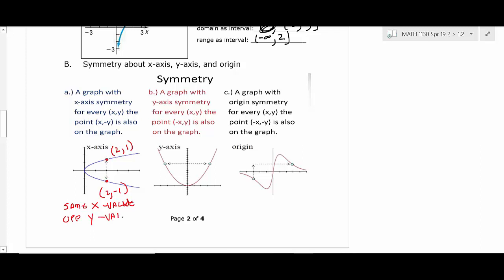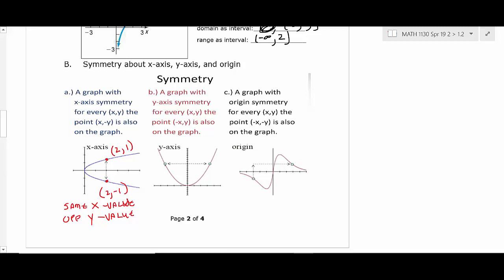That's what it means to be symmetric about the x-axis: every point on this graph, if it has the same x, will have opposite y's. One of them above the x-axis, one below. Does that make sense? So that's the definition: for every (x, y), you also have (x, -y).